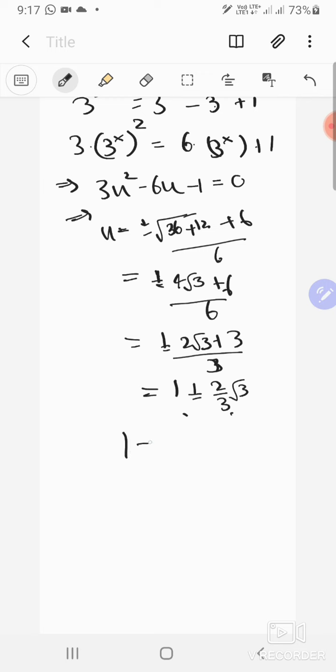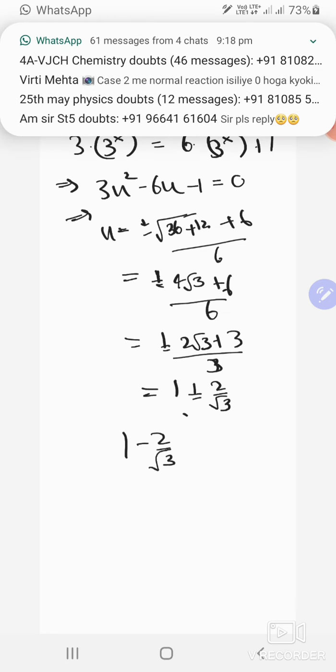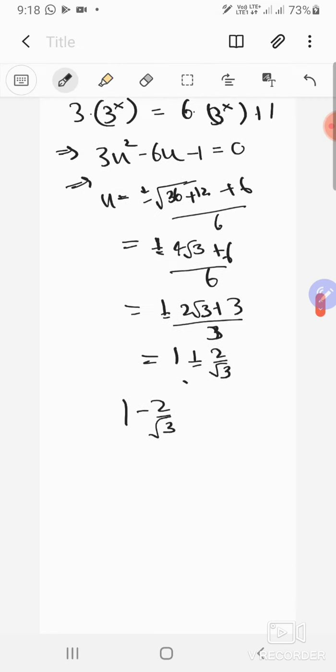Well, obviously this one, 1 minus 2, let's just write it like that, it will be better to understand. 1 minus 2 by root 3, this is like 1 minus 2 upon 1.7 something, so that is, I think, negative. Yeah, so that is negative, I guess. This other thing is definitely something which is greater than 1.